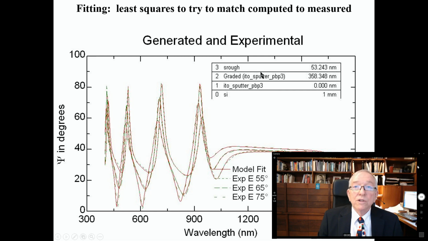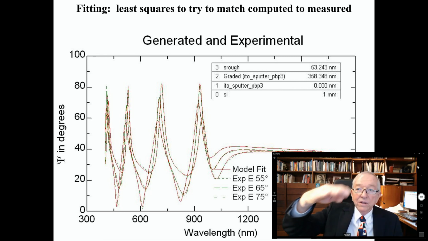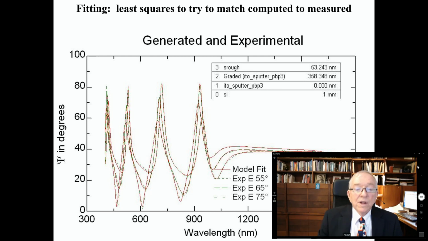And then on the surface, not surprisingly, it has some roughness, and they have modeled the roughness here as being 53 nanometers, and I believe 50-50 air and materials. So this compensates for the fact that the surface might be rough. I don't think an attempt has been made to look at that with an atomic force microscope to see if you actually can get that roughness measurement off the surface, but nevertheless, it's the model that was used.